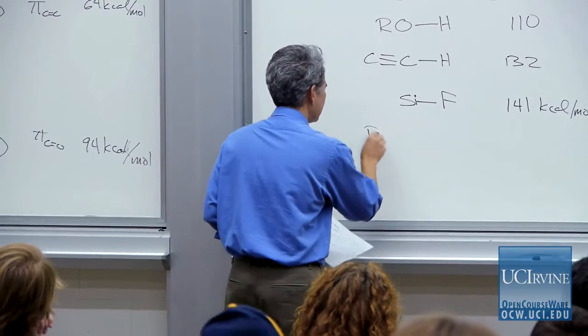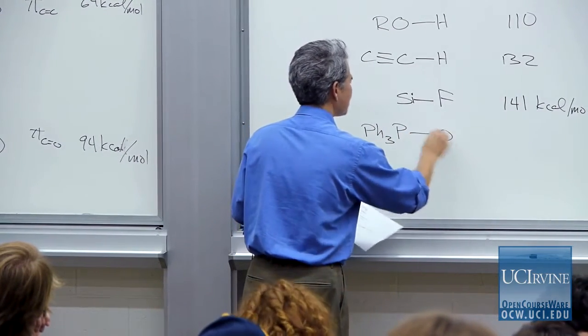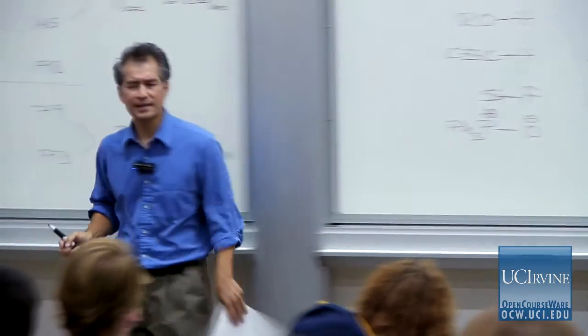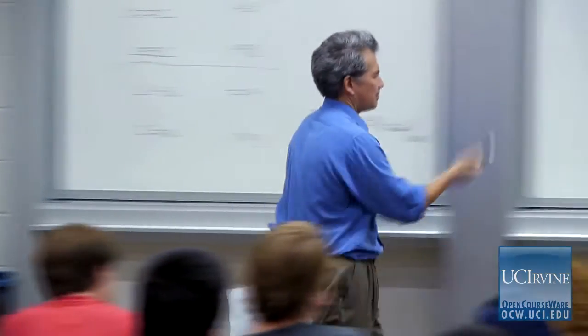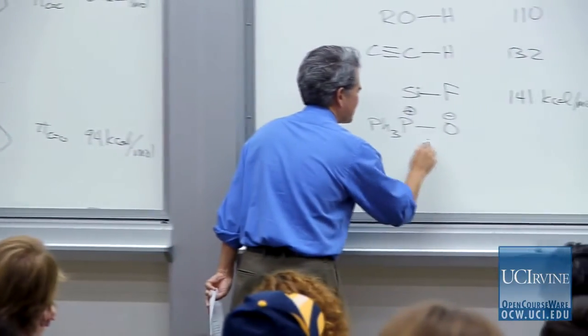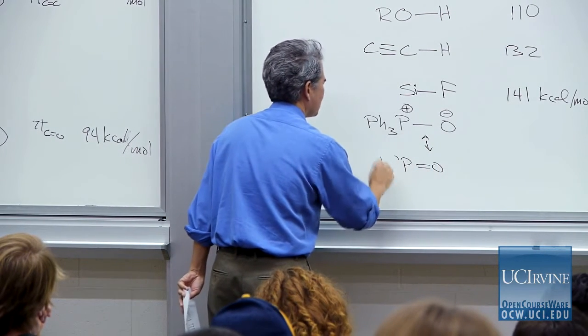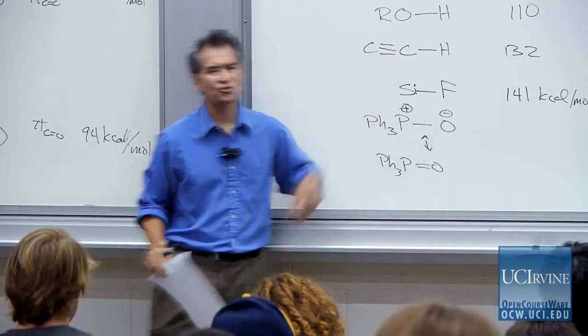And then the last common example of a super stable bond, and I'm not even sure how to draw this. I can draw it like this, and it doesn't matter whether I draw this. I can have a fifth bond to phosphorus. There's another resonance structure. If you want, you can draw it like this as a way to help you rationalize the stability, but the importance is this bond is super stable.